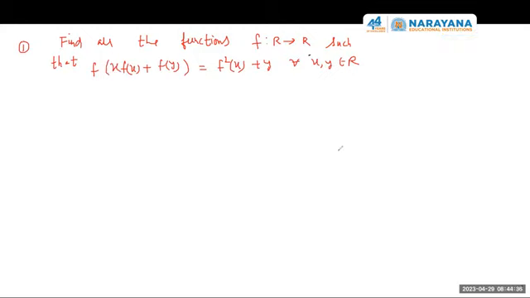By observation, we can find f of x equals x. What is your observation? Writing f square of x as f of x into f of x, we can compare both functions and we will get one of the functions as f of x equals x.